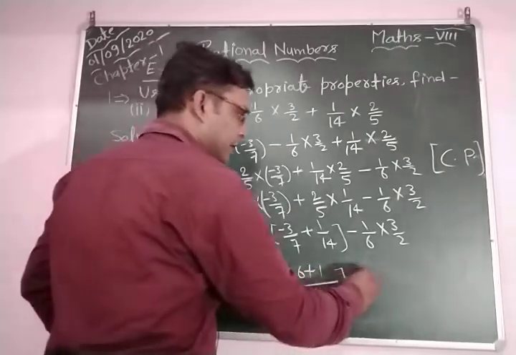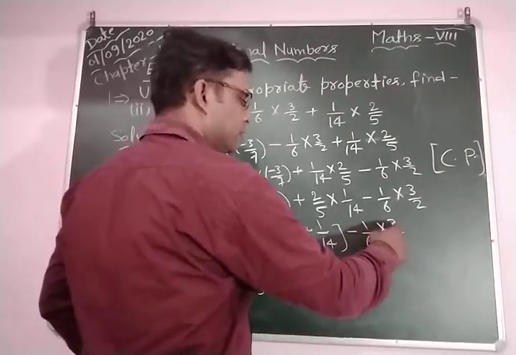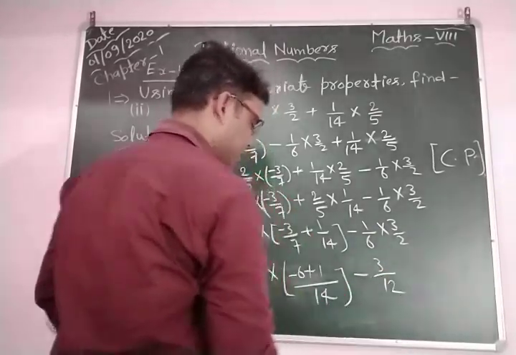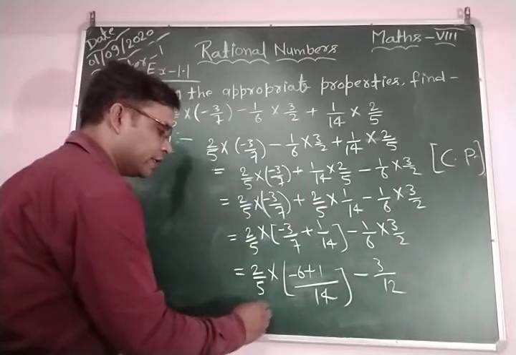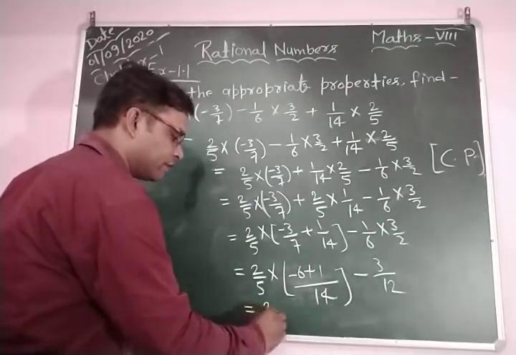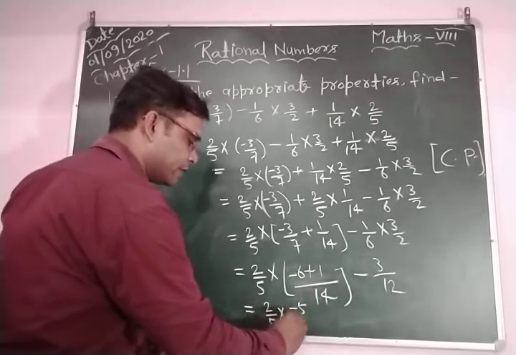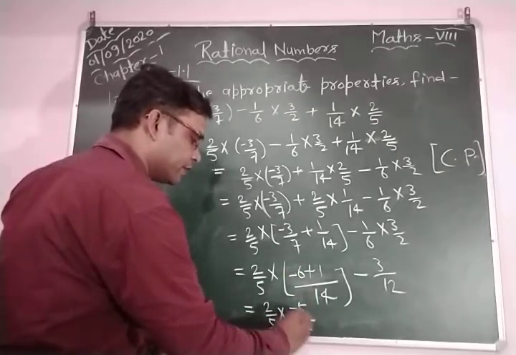And this is equal to 3 ones are 3 and 6 twos are 12. Now in the next step you can write here 2 by 5 into, this is equal to minus 5 by 14.